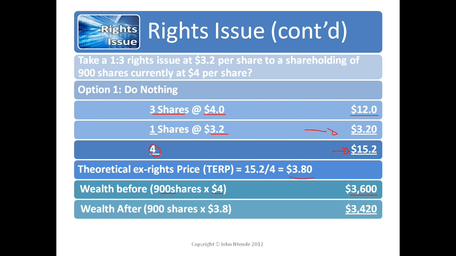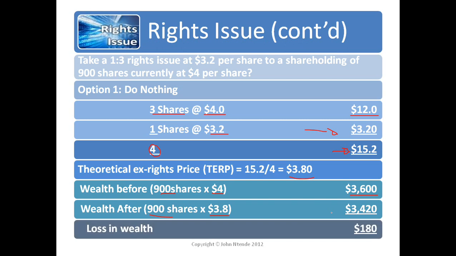After, the shareholding hasn't increased, but the shares are now trading at 3.8, which gives us $3,420. So you can see that there is a loss in wealth of $180. So if you do nothing, you end up losing wealth.